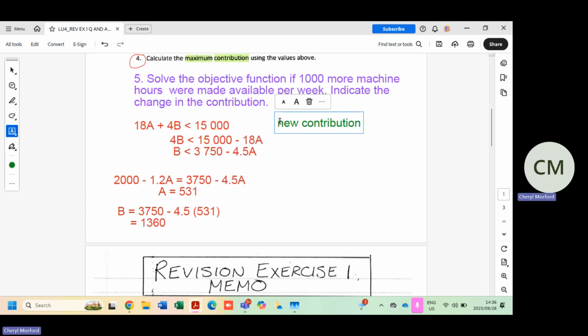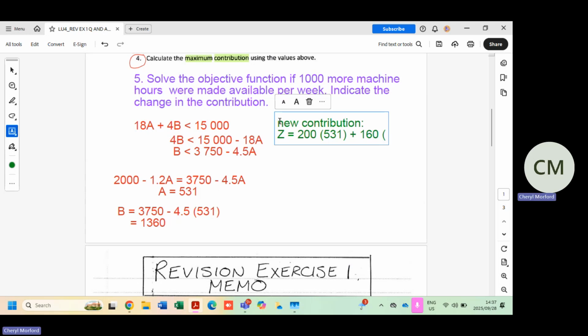I'm going to use the objective function. I'm going to say Z is equal to, and we're going to use the same contribution per unit of an A, which is 200. And I'm going to substitute in the value of A, which is now 531. And then I'm going to add, what was the contribution of B? 160.